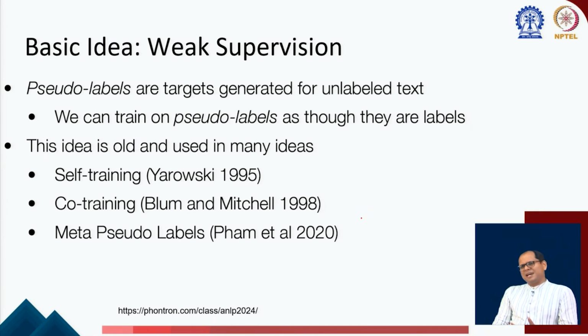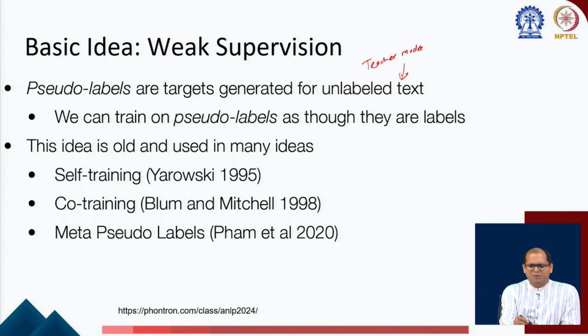So what is the basic idea? How do you do this? The idea is the normal weak supervision idea. You take a lot of data, you have a teacher model, and using the teacher model on some unlabeled data, you generate targets. So let's say you are doing a classification task, you take a lot of data and use a teacher model that is assumed to be well trained to generate labels.